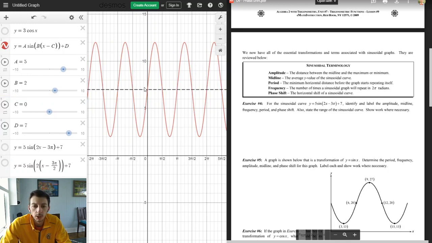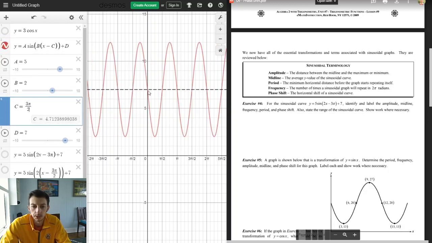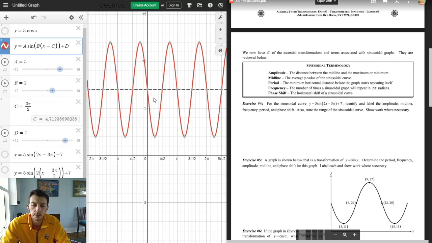Okay, so this would be without a phase shift, starting at 0, going up. Now if you notice back here, at negative pi over 2 where it starts by going down, and then again at 3 pi over 2 over here where it starts to go down, that is what you're going to see happen at 0 when I take this c and make it 3 pi over 2. So it starts to go down. It's just taking that point and shifting it, and that's where the graph begins.